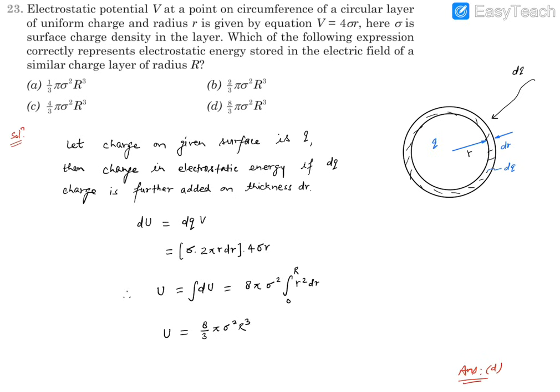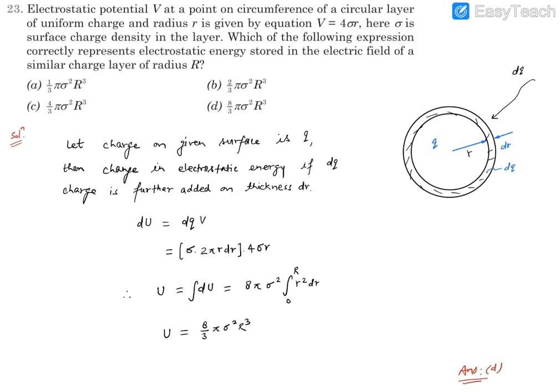Now if you simplify this carefully, you'll find this is a function of r, and we need to increase r from 0 to capital R. If we are interested in finding the total potential energy or stored electrostatic energy, then we need to integrate this dU.